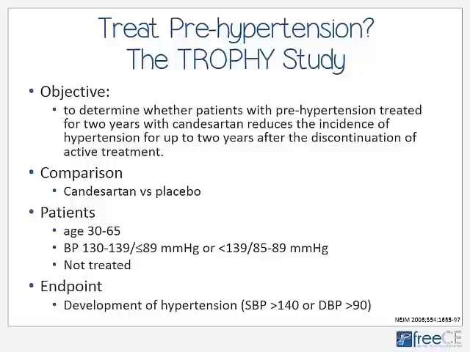And these patients were randomly assigned to receive 2 years of either candesartan treatment or placebo. And they looked to see if this treatment would prevent or postpone the development of hypertension. And they defined the development of hypertension, you can see in their endpoint, as a systolic blood pressure over 140 or a diastolic blood pressure over 90.